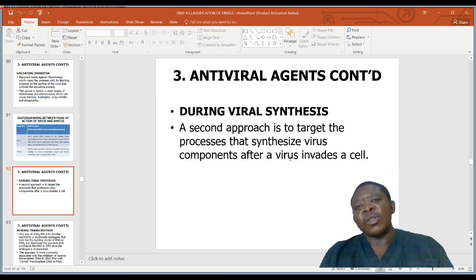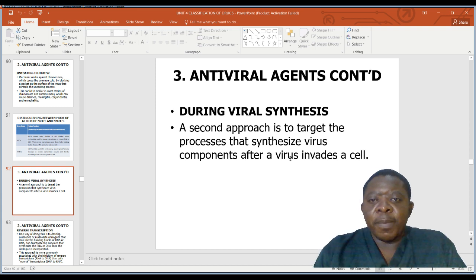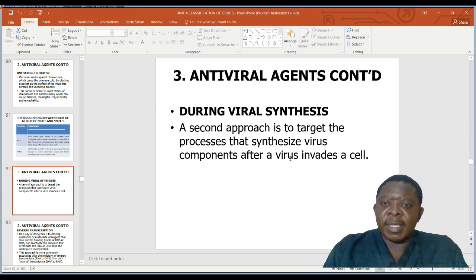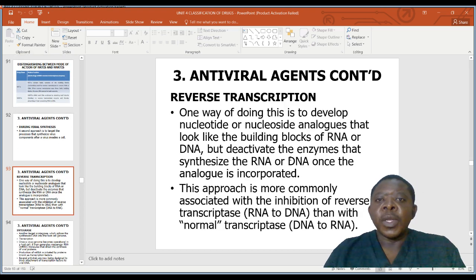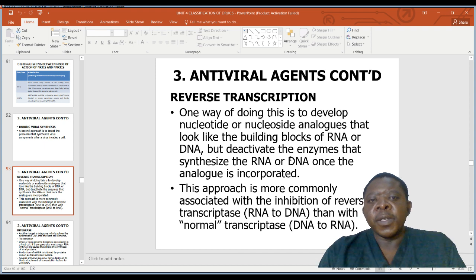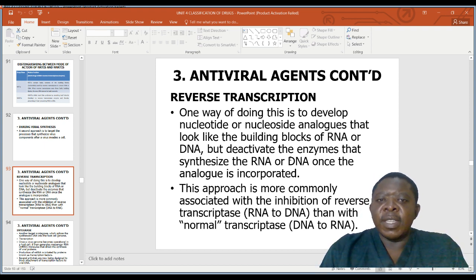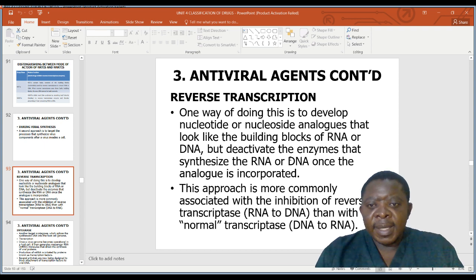Now, during viral synthesis, a second approach is to target the process that synthesizes virus components after a virus invades a cell, so reverse transcription. One way of doing this is to develop nucleotide or nucleoside analogs that look like the building blocks of RNA or DNA, but deactivate the enzyme that synthesizes the RNA or DNA once the analog is incorporated.